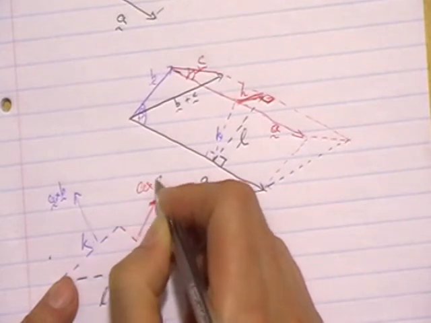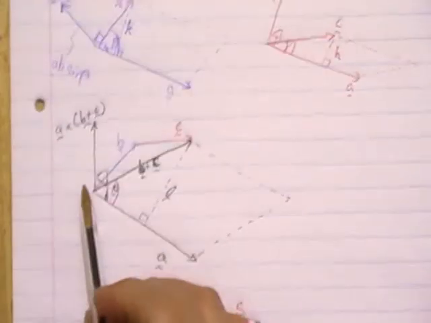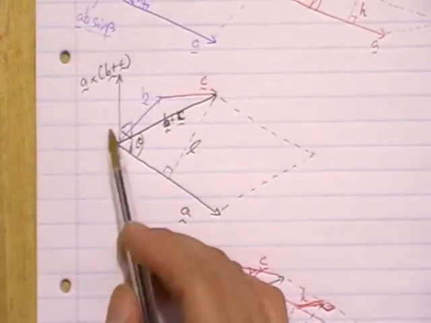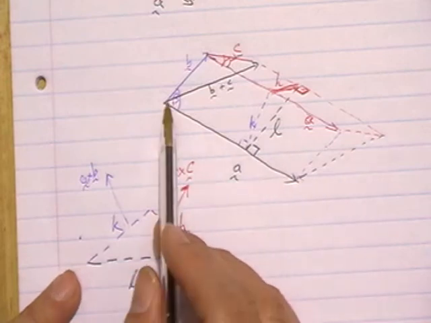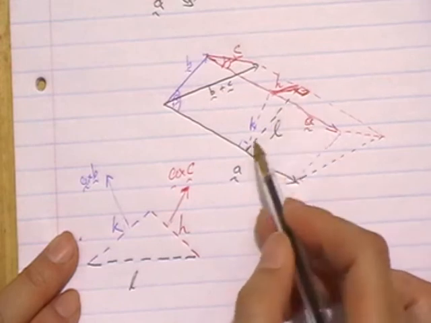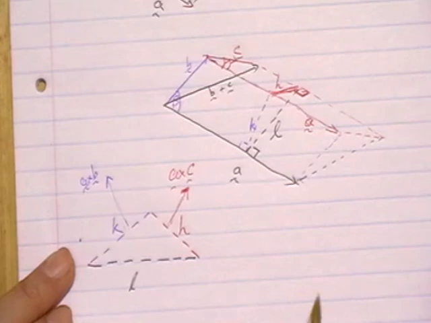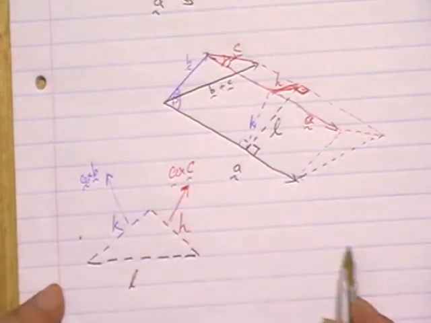A cross C. And likewise, A cross B plus C is perpendicular to this big parallelogram, which is here, and so it must be perpendicular to this side L, and it must lie also in the plane of this triangle, since the triangle is perpendicular to the plane.